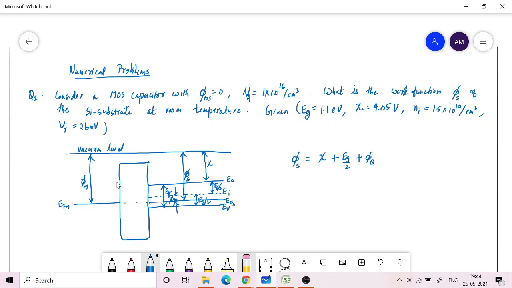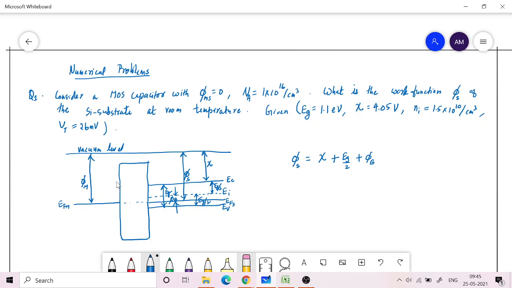Chi is already given to us, it is 4.05, and Eg is also given, we can simply substitute 1.1 there, but phi b is not given. But what other information we are given is Na and Ni. So we know the relationship between phi b, Na, and Ni.